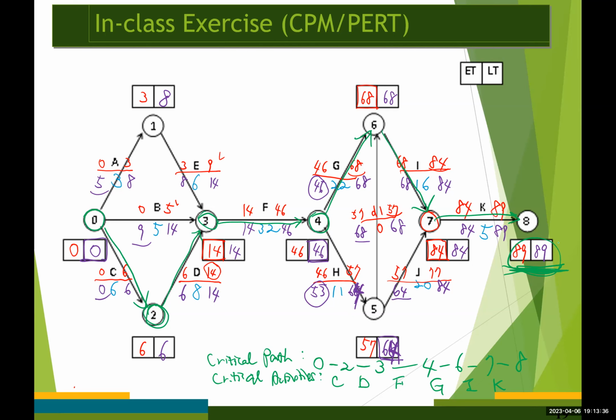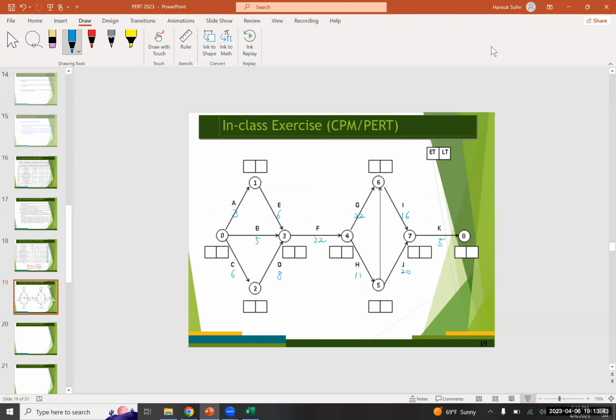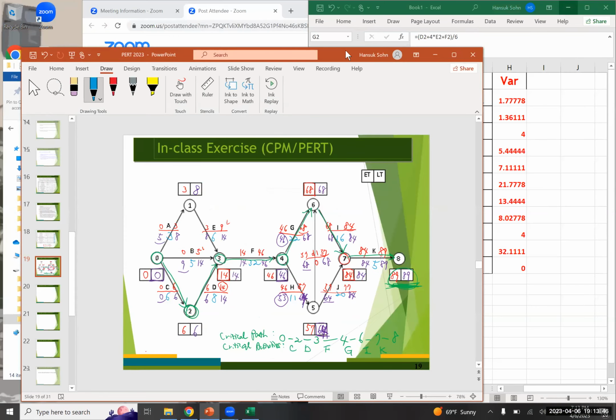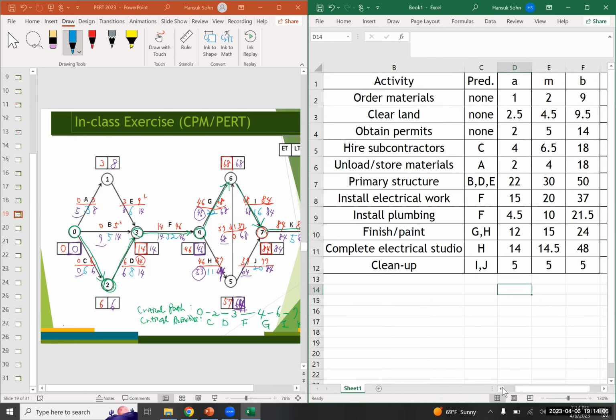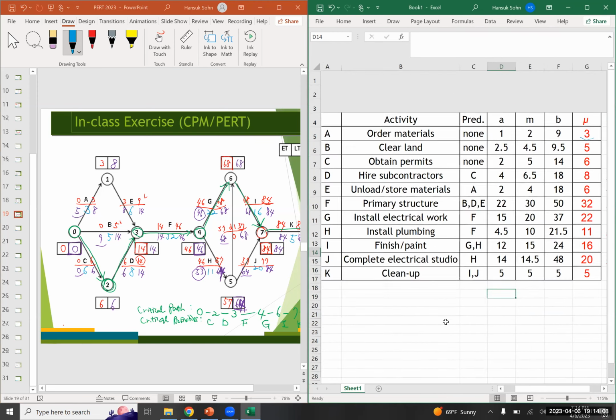So let's go back to the Excel spreadsheet. Okay, so we identified the critical activities as C. No, this is not C. Okay. Let me zoom out a little bit.